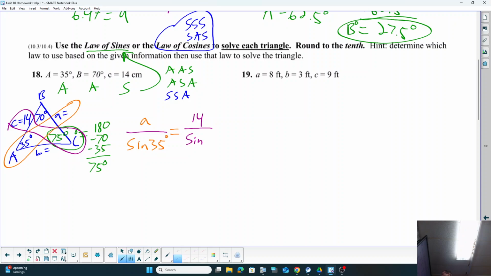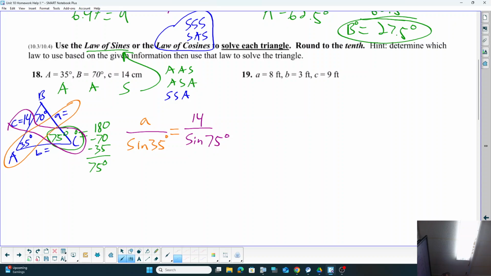Whatever you're trying to find goes on the top. And we just found angle C, and that's 75 degrees. Cool. So that's the setup. We have a over sine A equals c over sine C.